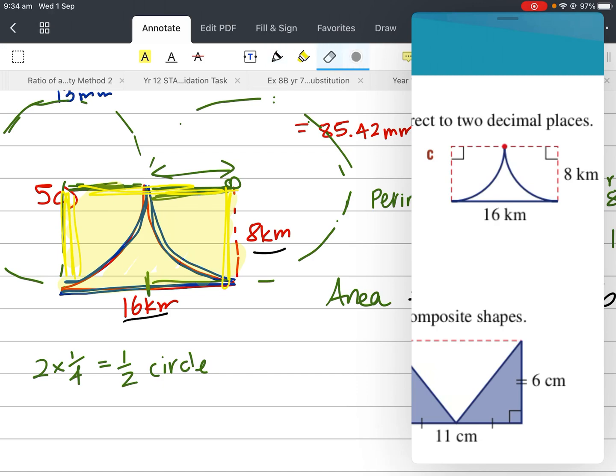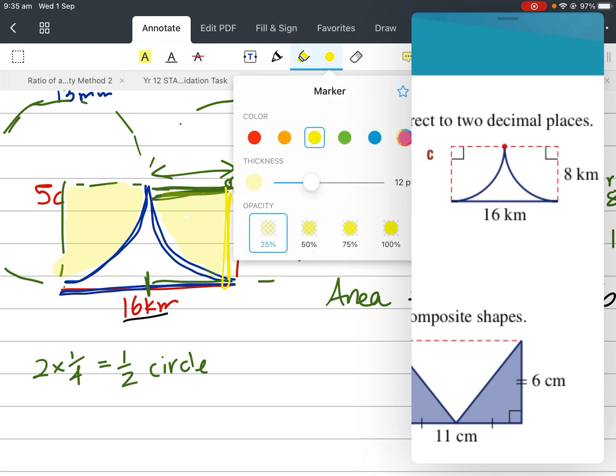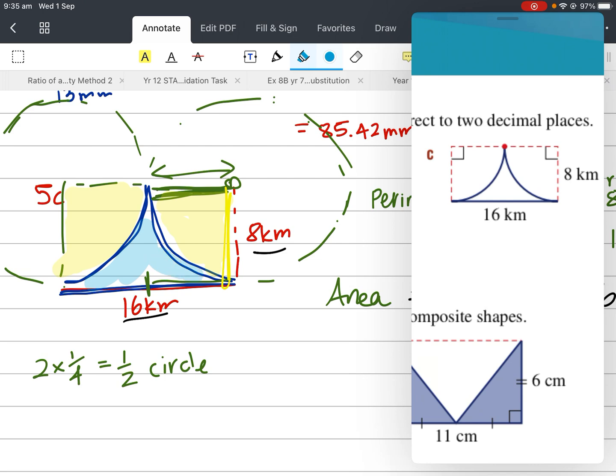And now what I'm going to do is I'm going to work out these bits here. Now I only really have to work out one, and then I just have to double it. And if I work out those bits and take it off the rectangle, I can figure out this bit in here just by subtracting those 2 quarter circles away.